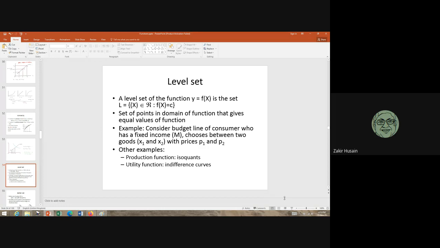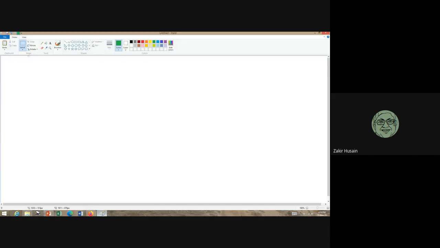Now, let us suppose that the function that we have drawn is like this.